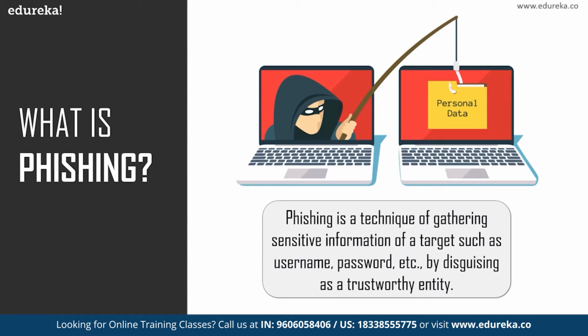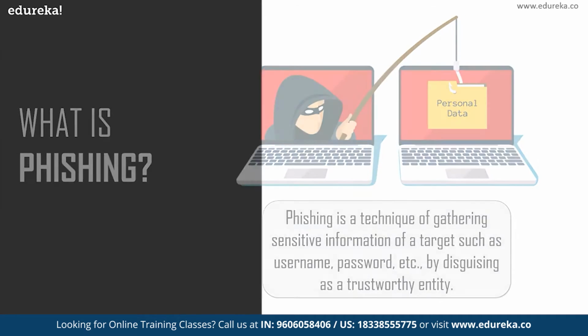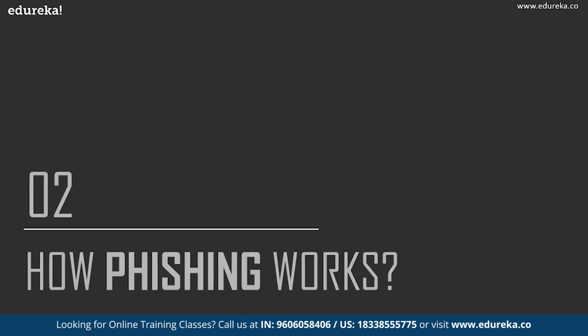As I told you previously, if you are entering any sensitive information, maybe your card details, onto a trustworthy website, you wouldn't be hesitant. So in phishing attacks, a hacker disguises himself as a trustworthy entity, then tricks you into entering your sensitive information into that fake web application. So this is phishing. Now let us see how phishing works.